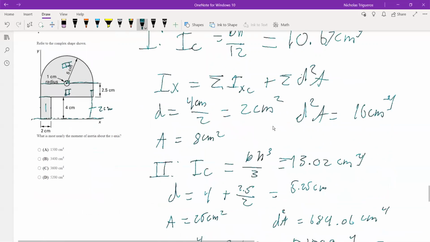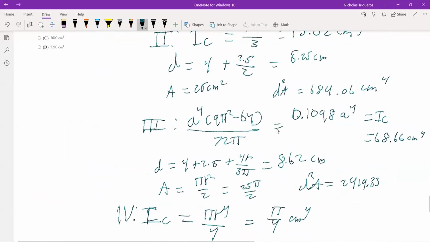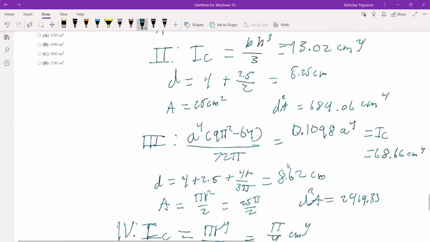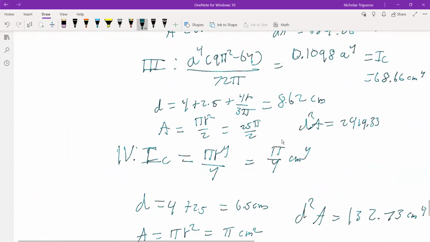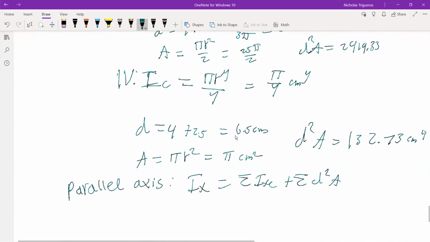Cool. So add to that 16 plus 689 plus 2,919.33 plus 132.73.